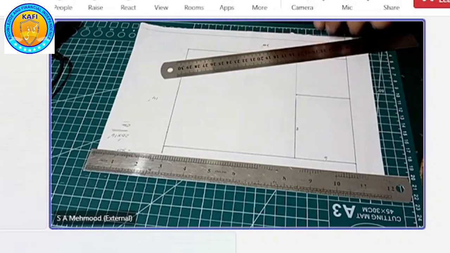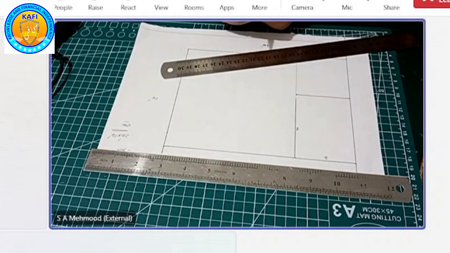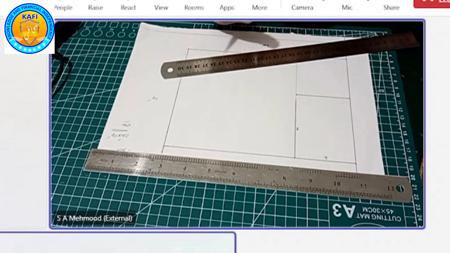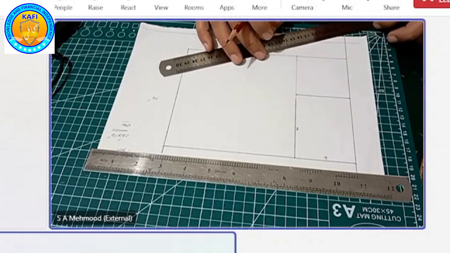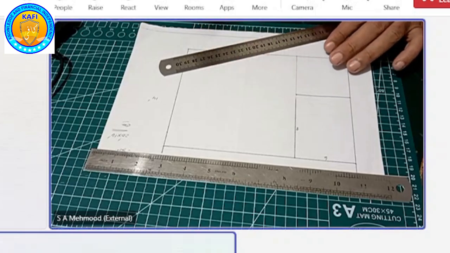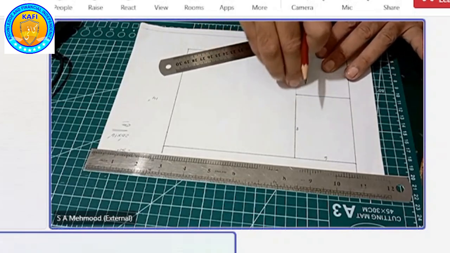Okay. So we have made our washroom here. Alright. We are just going to, according to the scale, okay? I'm just going to make a way here.